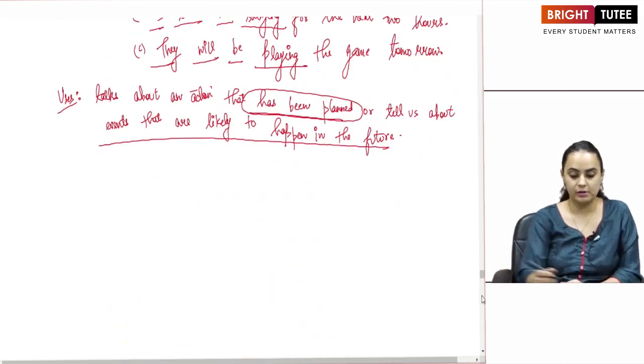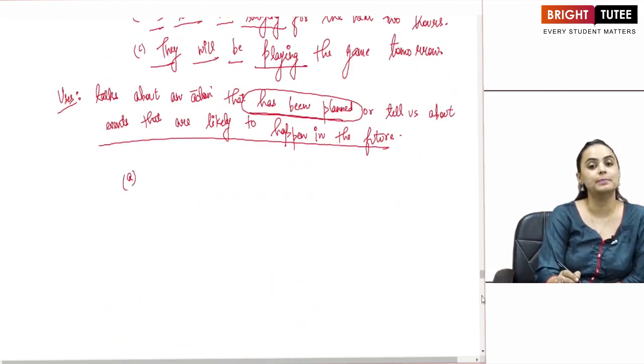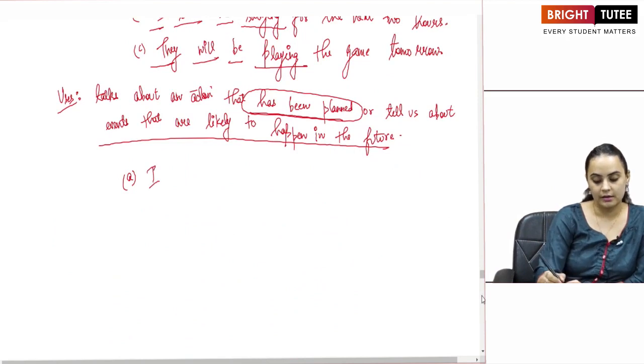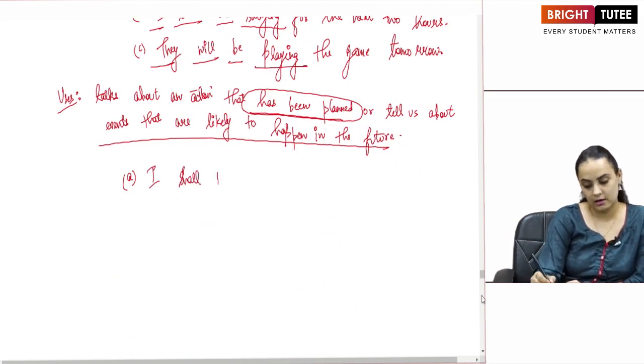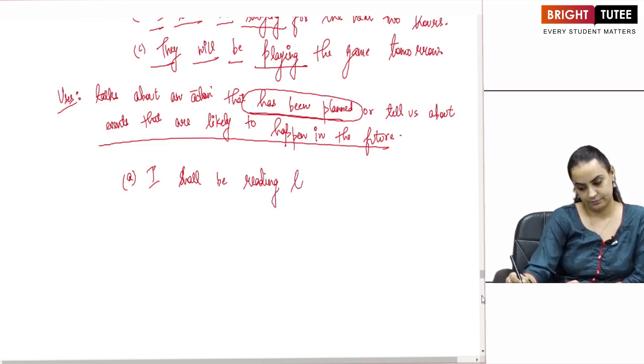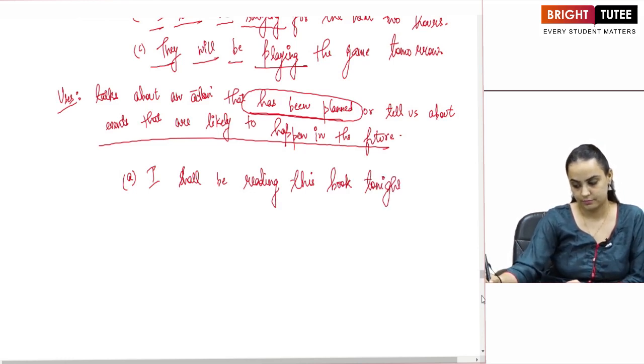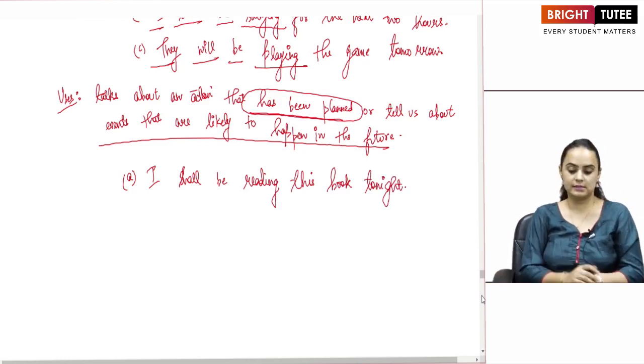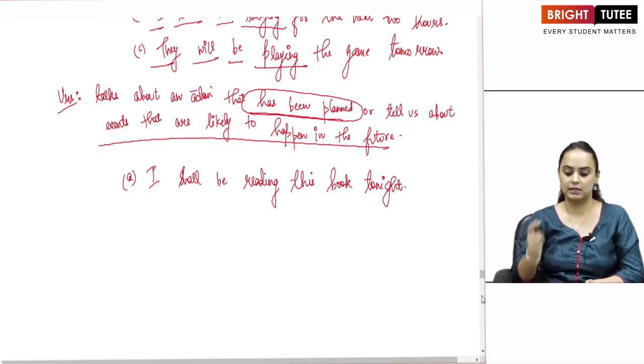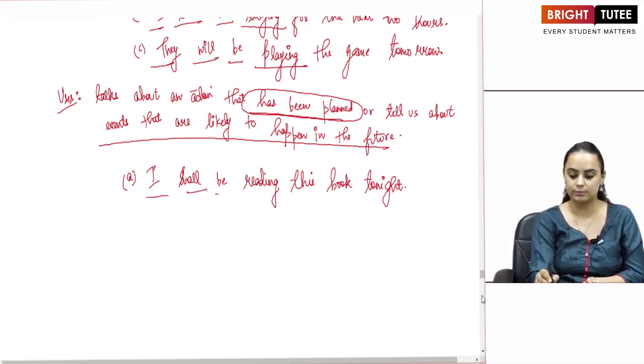For example, if I have already planned, I shall be reading this book tonight. Now what is this? This is a plan that I have made for the night, that I shall be reading this book.